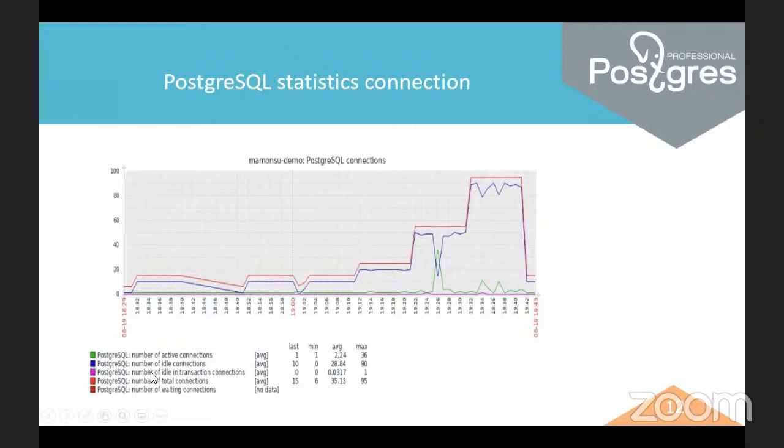And the number of waiting connections, when we have some problems with internal mechanisms, and therefore our process must wait for acquiring the suitable locks. Or perhaps we have some deadlocks, or perhaps we don't release locks as soon as we finish our job. There can be many reasons. It's not only internal Postgres problems.